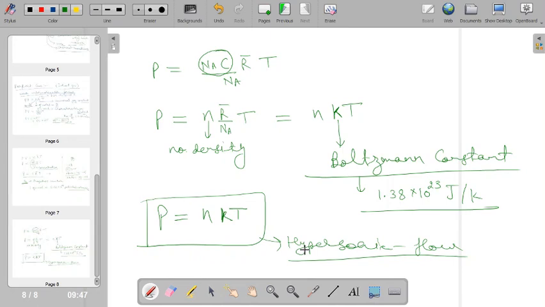If you have, say, methane CH4 reacting with oxygen, it will form CO2 and water vapor. So if you see, the number density of methane molecules has decreased, and the number density of carbon dioxide and water vapor molecules has increased. So if you have a reacting situation, the number density of the molecules will actually be changing.